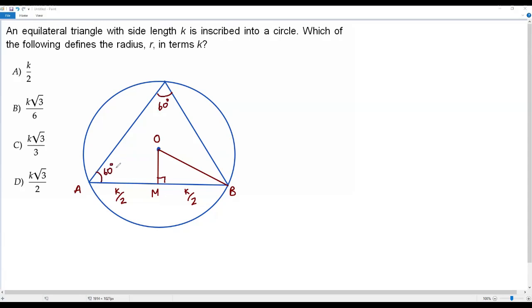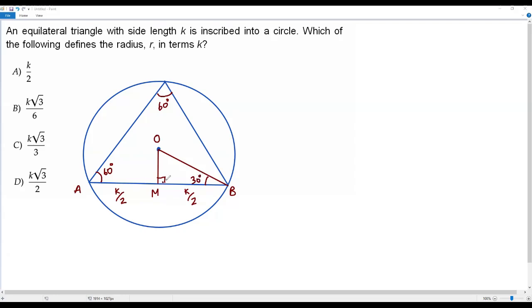When an equilateral triangle is inscribed into a circle, and you draw a line segment from the center of the circle to the vertex, the line segment OB will bisect this interior angle measure of 60 degrees. That means we divide this 60 degree angle into two parts. Then this part will be 30 degrees and this part will be 30 degrees.